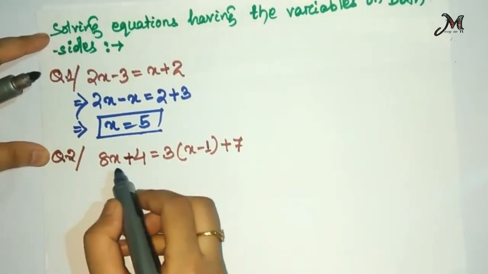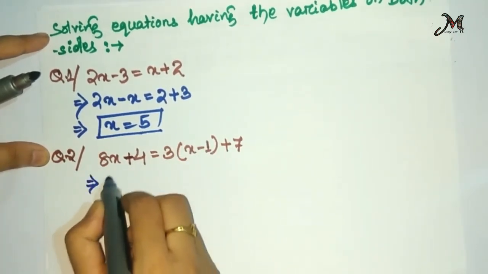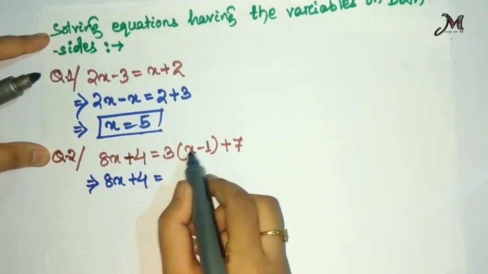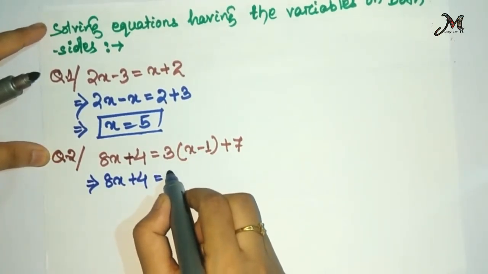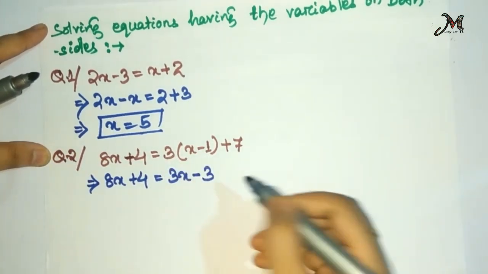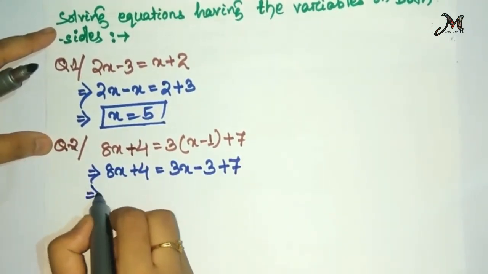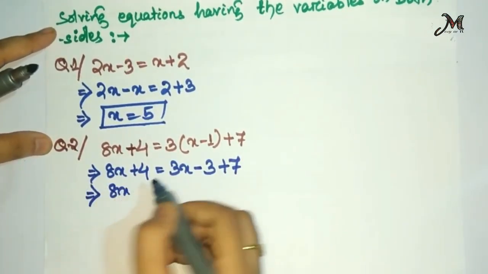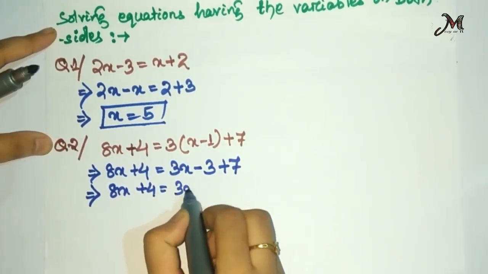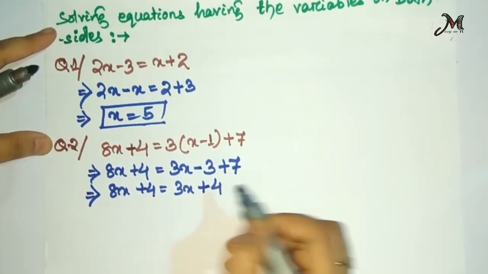Here first we have to simplify the right hand side. Okay, now first write 8x plus 4 is equal to 3 into x, 3 into x is equal to 3x. Now minus 3 into 1 is equal to 3, plus 7. Okay, now first simplify the right hand side. So 8x plus 4 is equal to 3x minus 3 plus 7 will become plus 4.